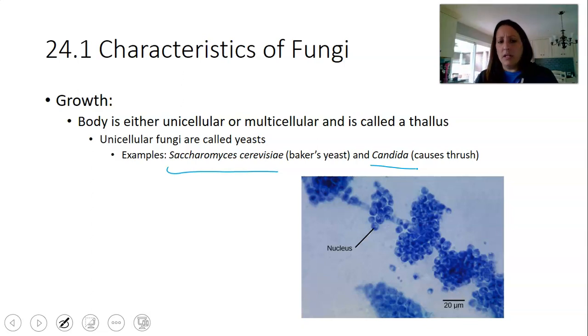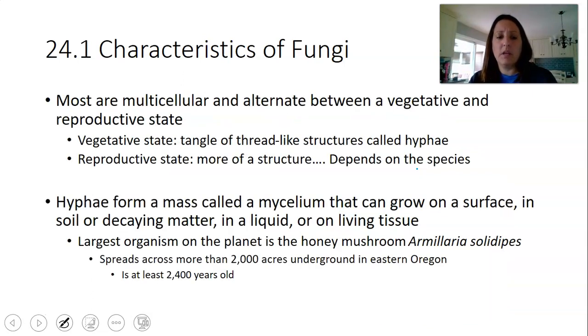Okay, so fungi that are single-celled are called yeasts. Okay, fungi can also be multicellular. Most are multicellular, and they'll alternate between a vegetative state, which means just normal growth, and a reproductive state where they are reproducing.